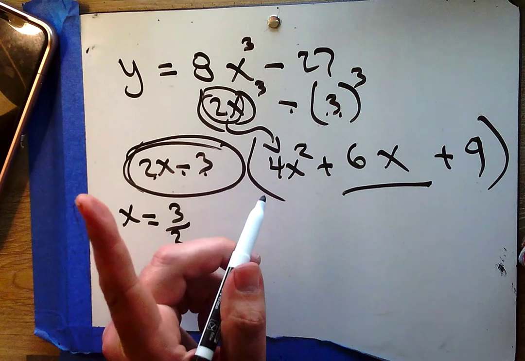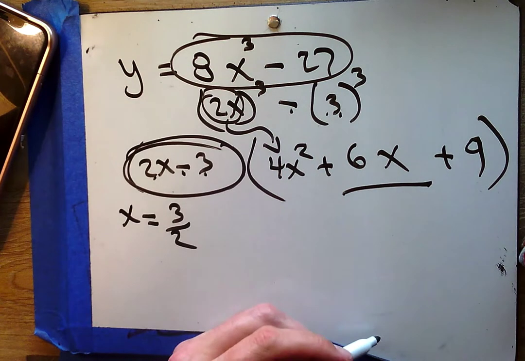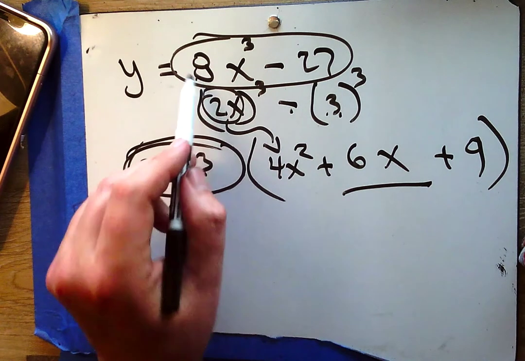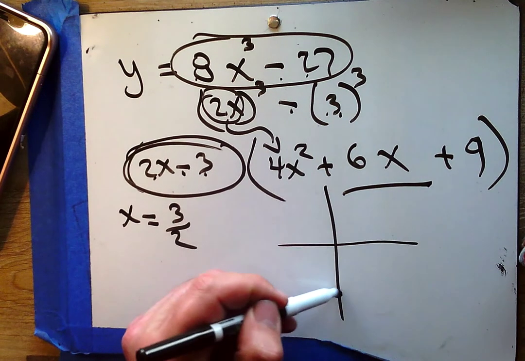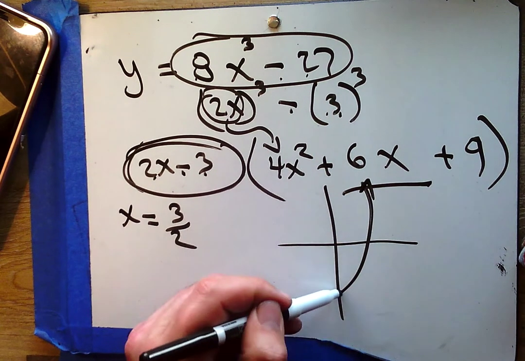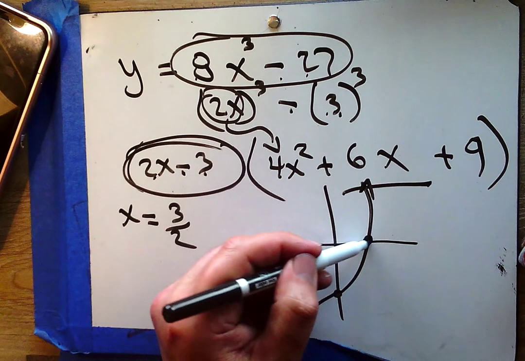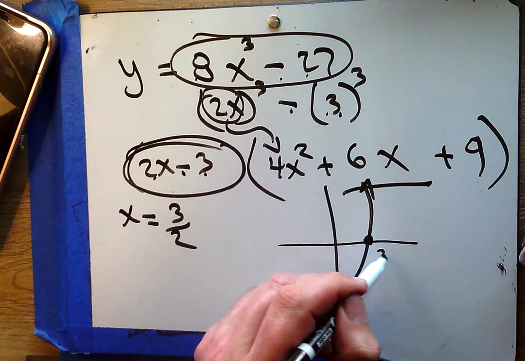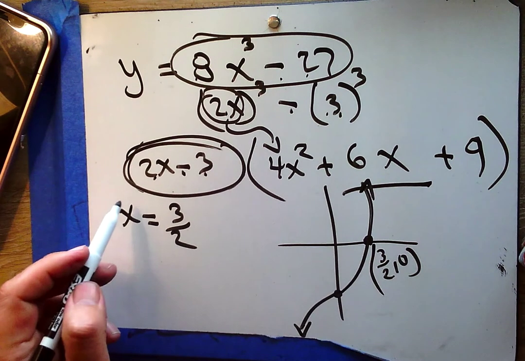And that shouldn't surprise us, because think about this from the transformations point of view. It's got a vertical stretch, and it's shifted down 27. So, how many x-intercepts do you see? That's right, just this one over here, and that's at 3/2. Okay, only one real x-intercept.